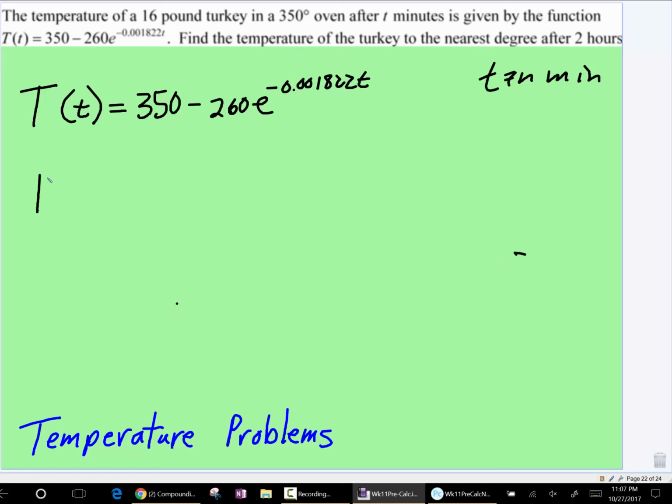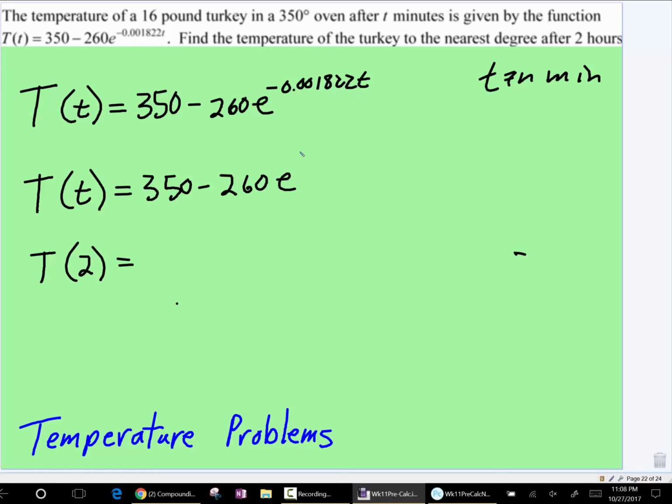All right. And really, we could put T of 2. That would probably be a smart thing to do. And I'm just filling all this stuff in. And now we're going to put times 2.